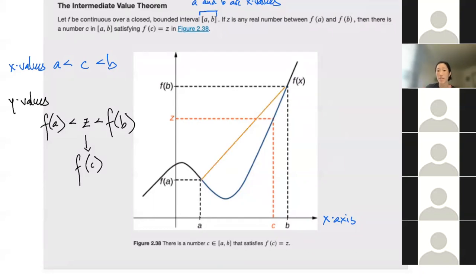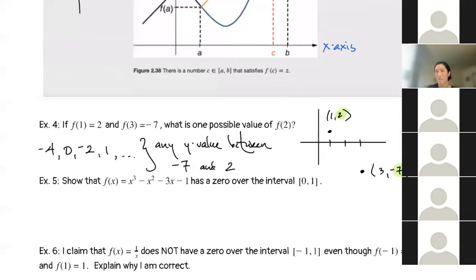When we think about a theorem, we want to say it's always going to be true. In some cases you might see less than or equal to, and that would work. But in the most simple case, if you connected that with just a straight line, you don't actually ever get those y values again. So it's possible, but it's not guaranteed. Does that make sense?